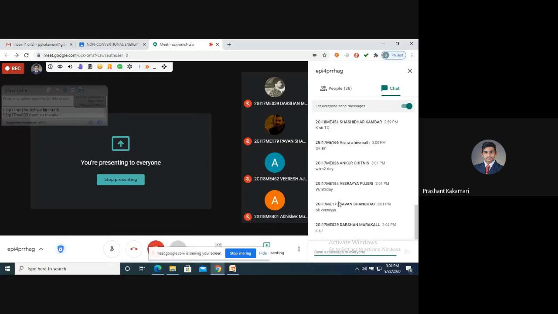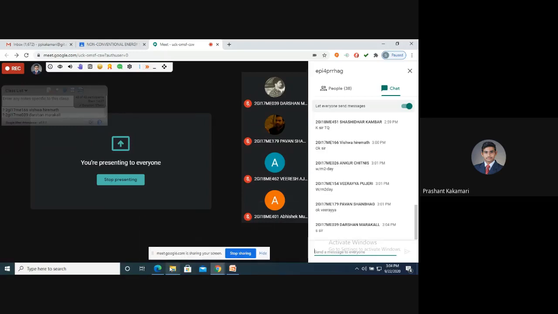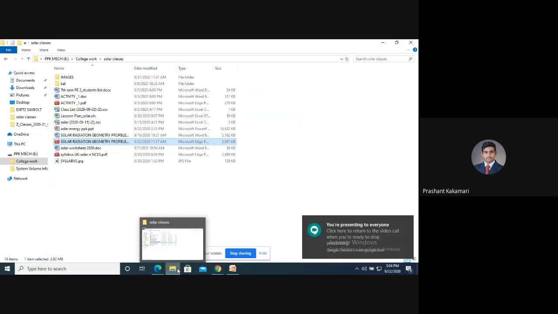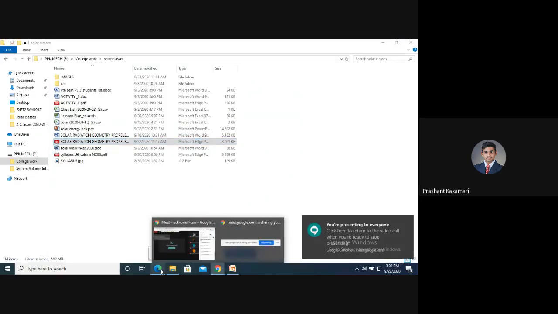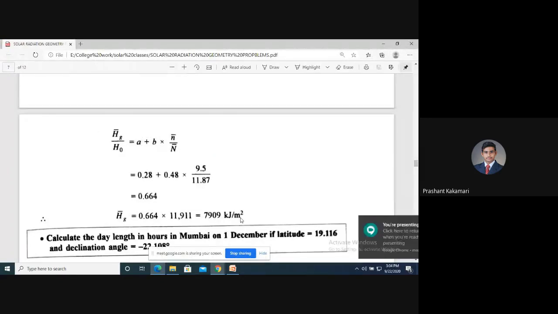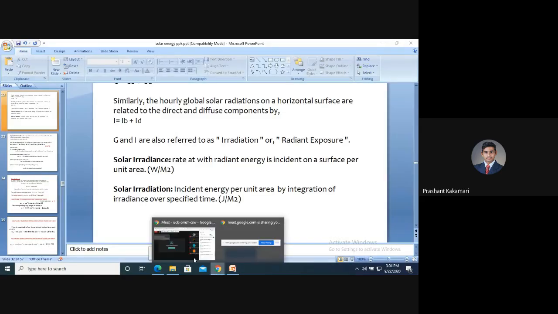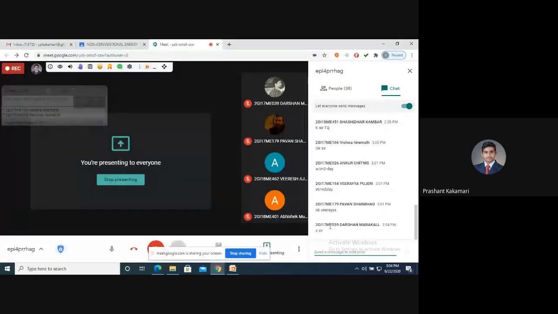Again, come back to the unit. We have taken the solar constant in watt per meter square day. The 11,000 value we found in watt per meter square day. Then here, they have written kilojoules per meter square. Which unit do we have to take? Any replies?